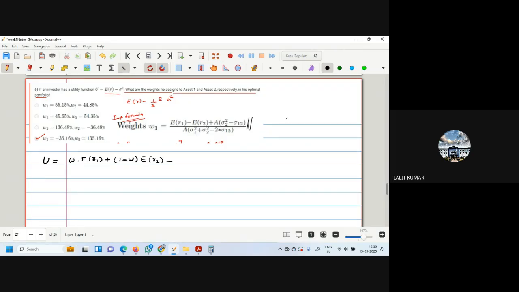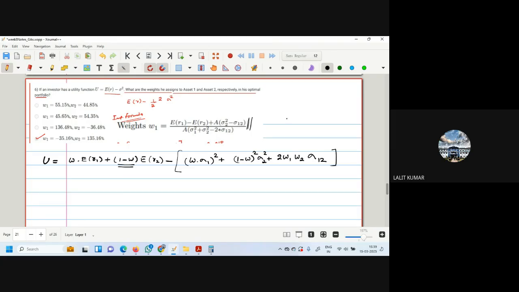So sigma square is the entire portfolio variance. This I can write as W square into sigma 1 square, plus, sorry, here I am taking 1 minus W, 1 minus W square into sigma 2 square plus 2 W1 W2 sigma 1 2.